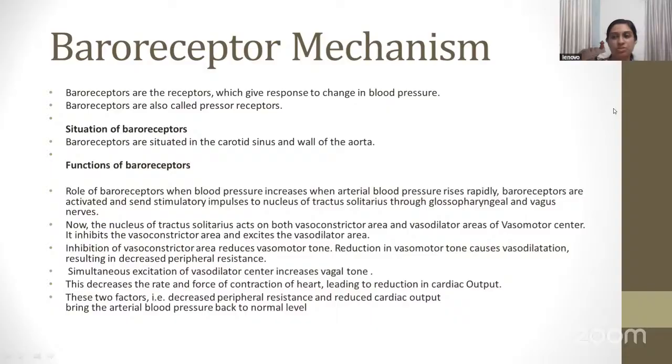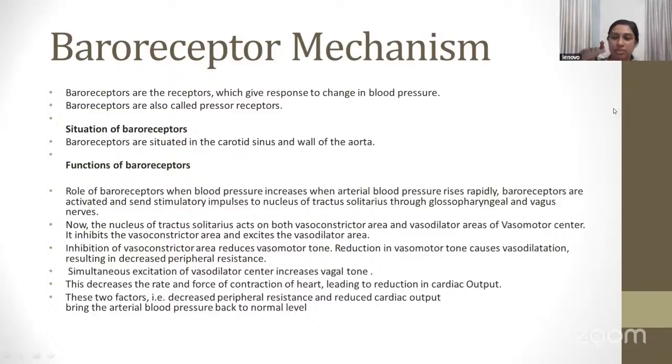What are the functions of baroreceptors? When blood pressure increases, they will sense the pressure difference and activate the mechanisms which will try to reduce the blood pressure. Baroreceptors are activated and send stimulatory impulses to the nucleus of tractus solitarius via the glossopharyngeal and vagus nerves. The glossopharyngeal and vagus nerves are responsible for the baroreceptor mechanism.